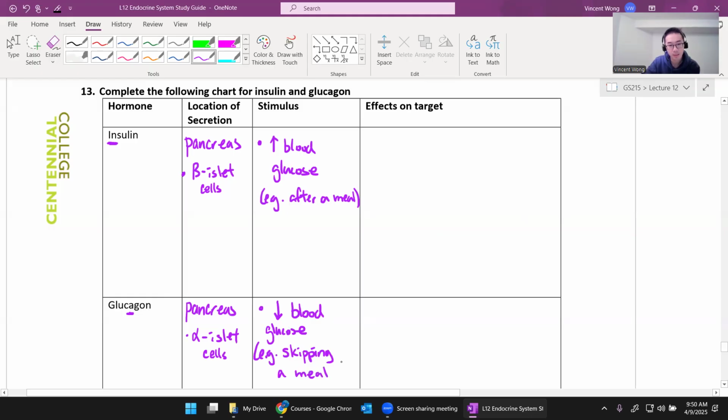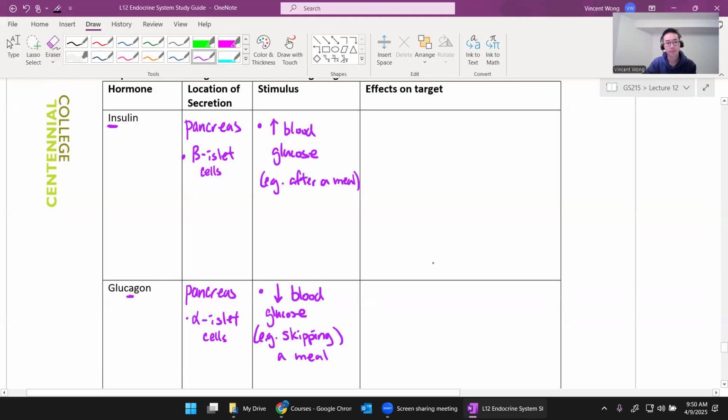Skipping a meal, sometimes skipping multiple meals, low glucose. You need glucagon. When glucose are gone, you need glucagon. If you hear me saying that in your head during the test, then I've done my job right. And with these little tiny slogans to help you remember it.